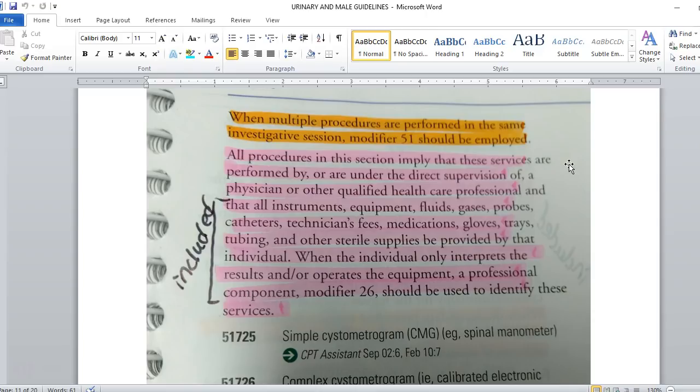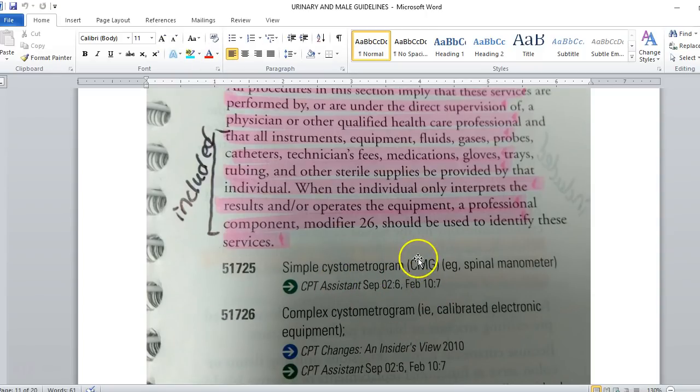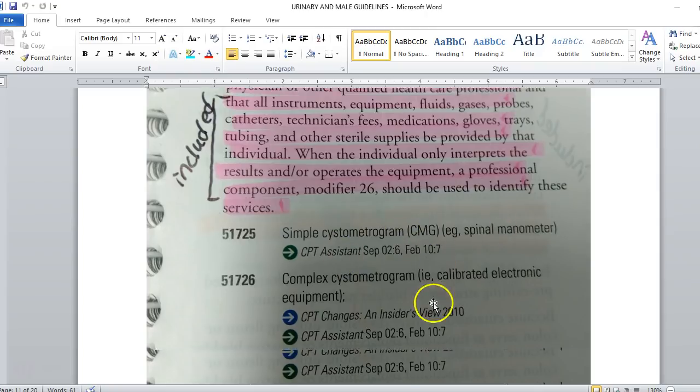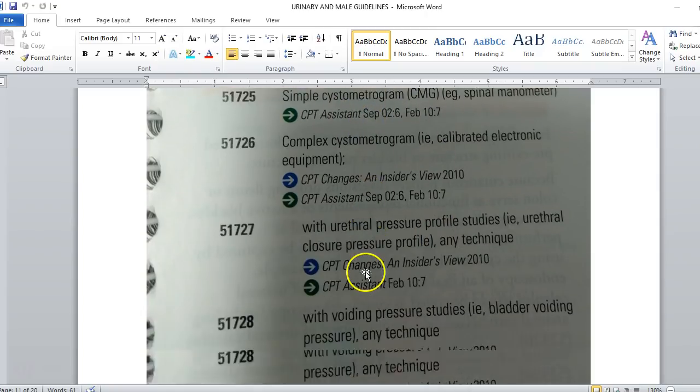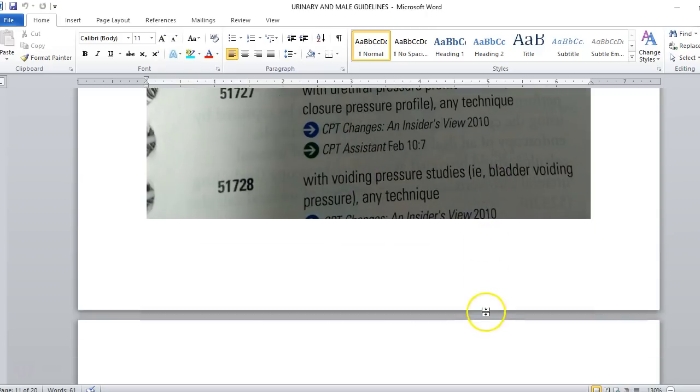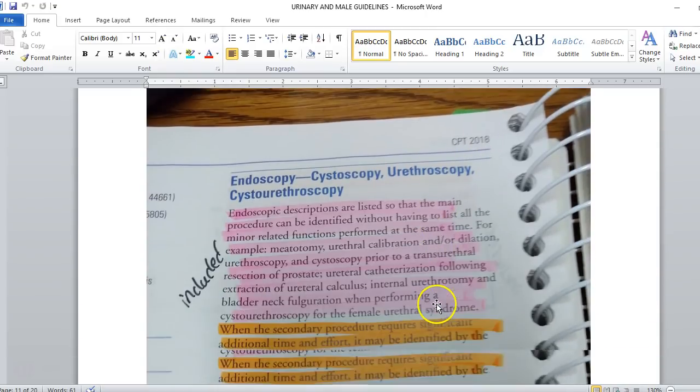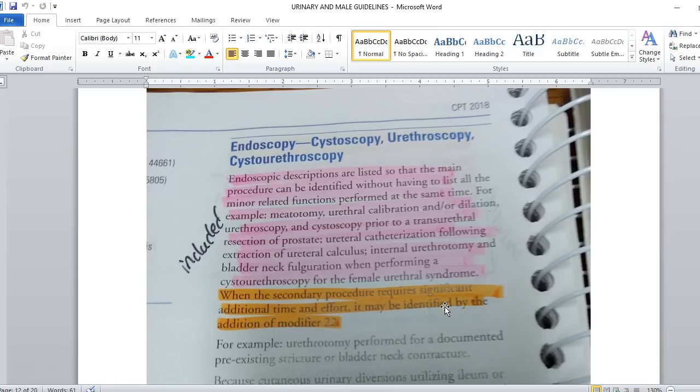It is included. We have things like cystometrograms, where we're measuring the actual urinary bladder and what it can hold. We have voiding pressure studies, and all different types of studies that we can do. A lot of times we can do multiple procedures in one setting.